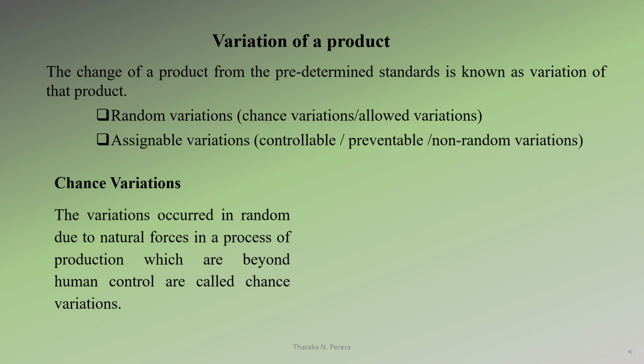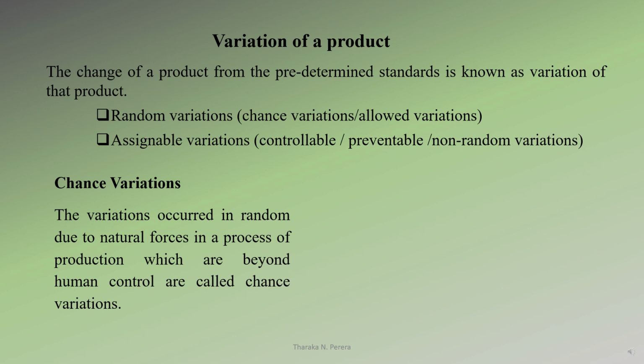As examples, machines getting simply heated, changes in the humidity in the room, and variations of the room temperature are random variations. Random causes are independent from one another and cannot be eliminated.